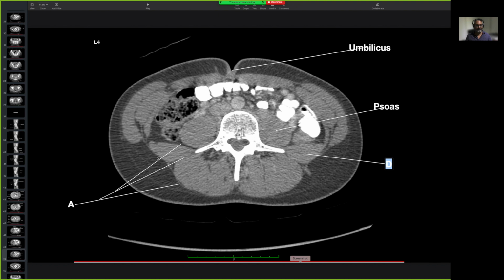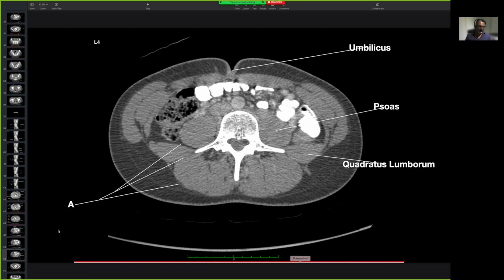It's the same one as this one. Quadratus Lumborum. So that's the psoas. That's the Quadratus Lumborum. Psoas major, Quadratus Lumborum, erector spinae, and multifidus.